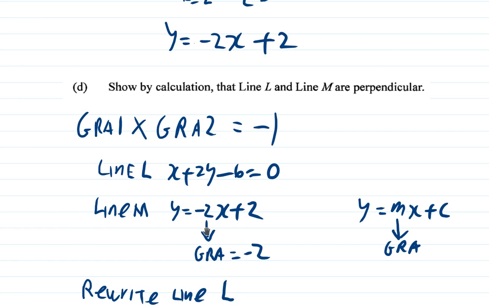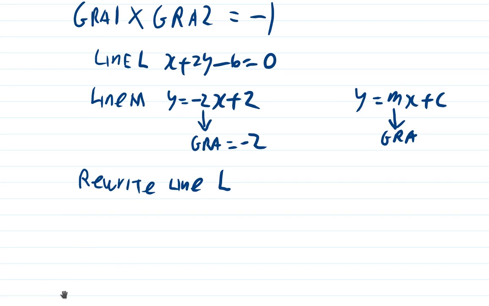Let us rewrite the equation of line L. It says x plus 2y minus 6 equals 0. What we want to do is make y the subject, because we want to make it say y equals.